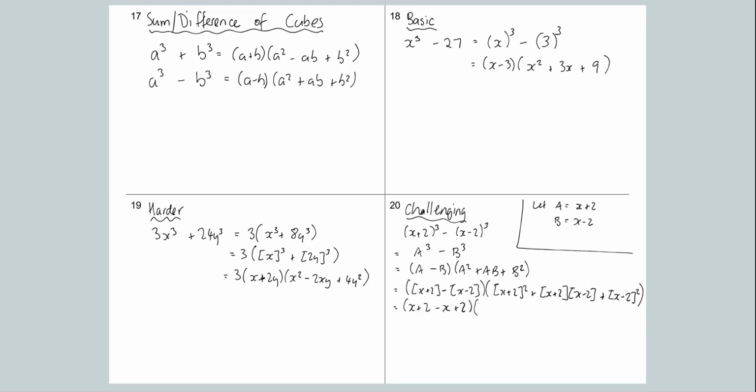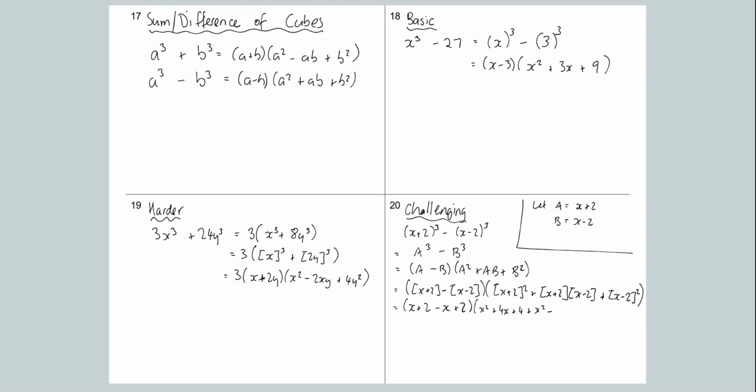Okay, hopefully you paused the video. If you didn't, prepare to witness magic, well, at least an expansion. The first bit is a perfect square. So it's x squared plus 2 times x is 4x, and 2 squared is 4. The middle bit is a difference of 2 squares, x plus 2 times x minus 2.